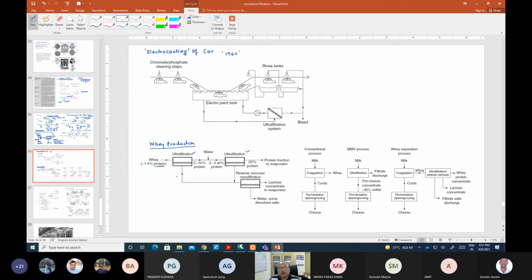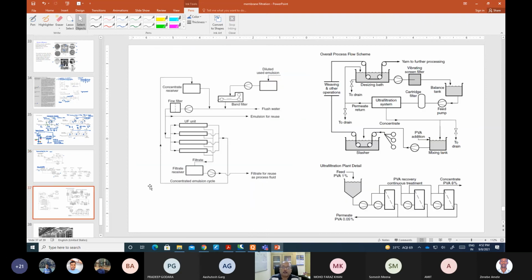But the rest of the things, lactose and the water, are in the permeate, and then we do something called reverse osmosis or nanofiltration, where we can remove the lactose as a concentrate, and water with some dissolved salts can also be taken out, and then they can be recycled right here.